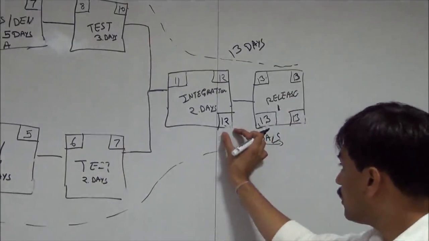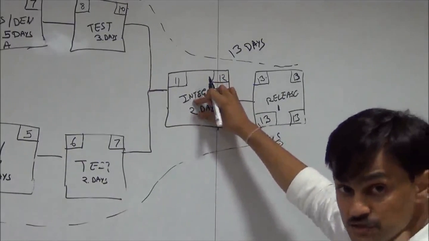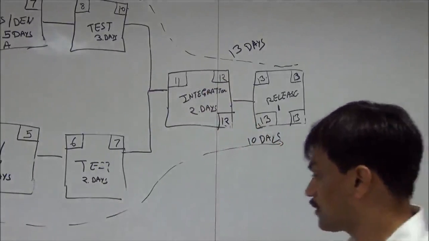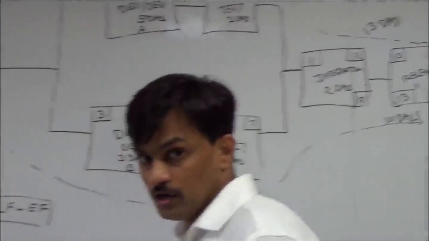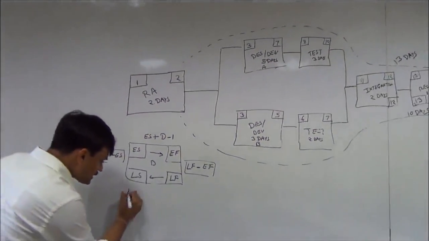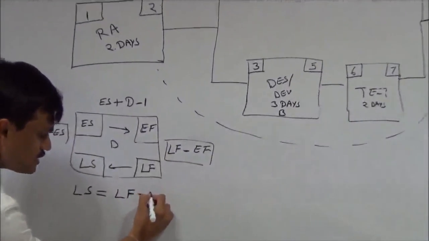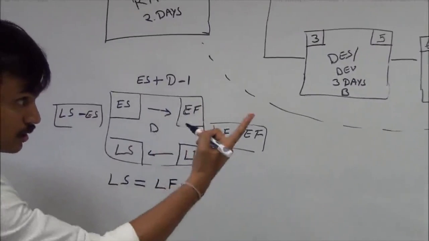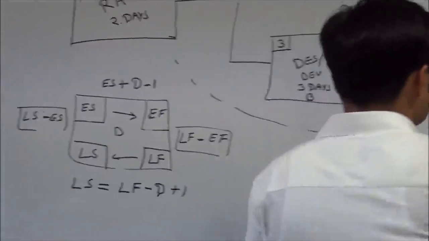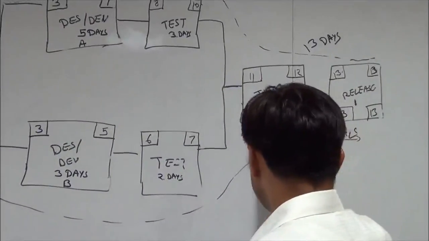And 12 minus the duration plus 1 gives us the late start time. Let me write this formula here because you may find it a bit confusing. Late start is late finish minus duration plus 1. So in this particular case, 12 minus 2, 10, plus 1, 11.